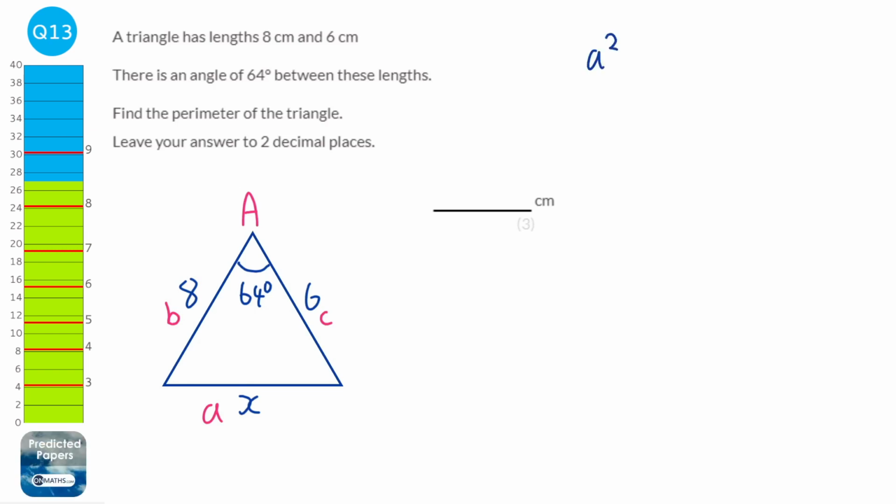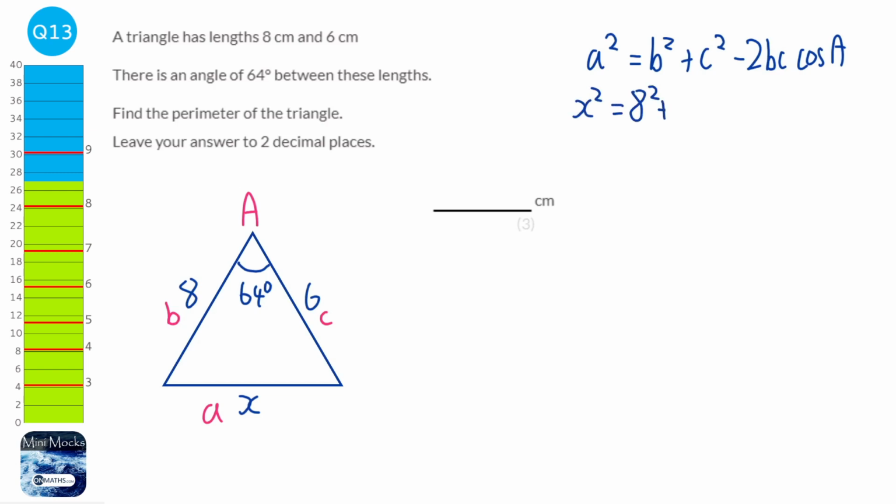So it's a squared equals b squared plus c squared minus 2bc cos A. And so that would be x squared equals 8 squared plus 6 squared minus 2 times 8 times 6 times cos 64.